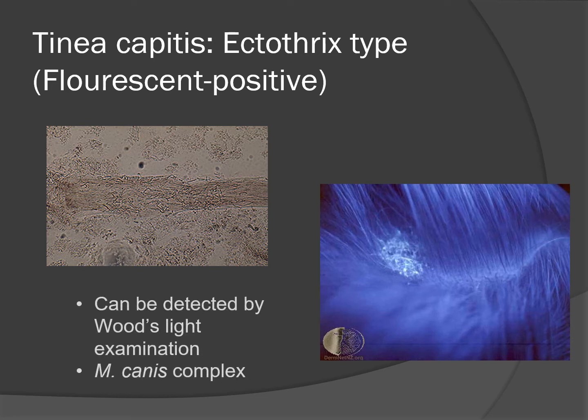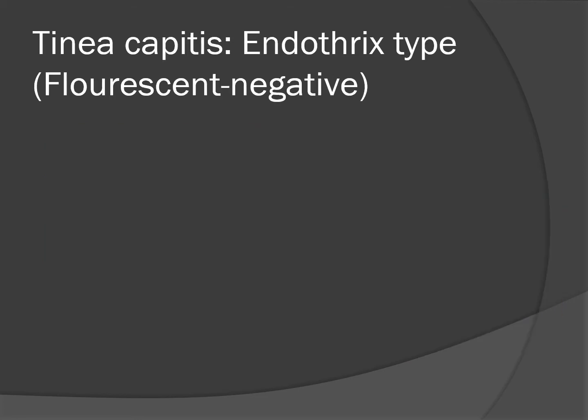Ectothrix type or fluorescent positive types of Tinea Capitis can be detected by Wood's light examination, and usually the types of fungi that are considered fluorescent positive are those of the Microsporum canis complex. For these types of infections, the Wood's light is very useful. However, for other types of fungal infections of the scalp, such as the endothrix type, the Wood's light examination is not very helpful.